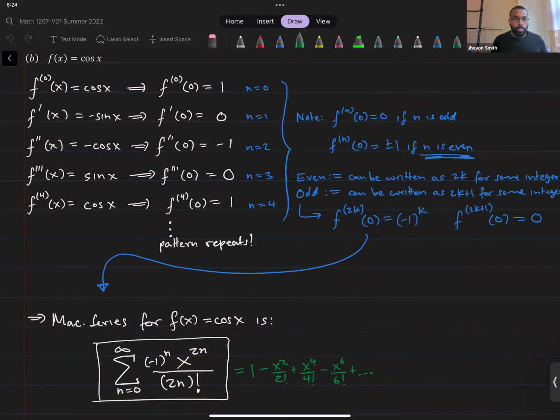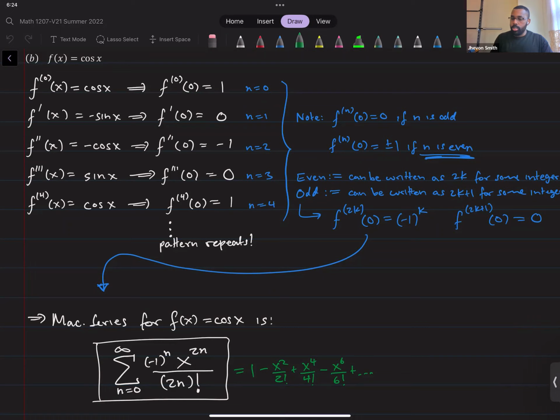Yes. I tried to write it using cosine as the numerator, like to get that same periodic effect, 1, 0, -1, 0. So I had cosine of pi n over 2, over n factorial times x to the n.